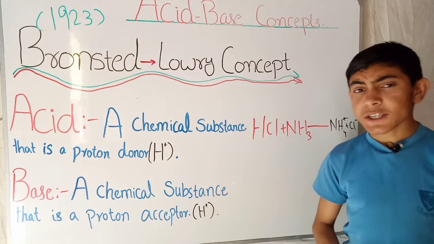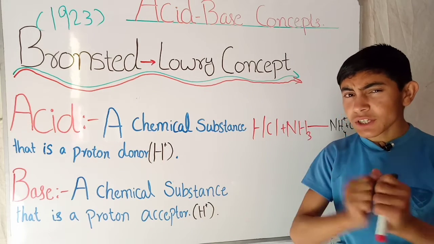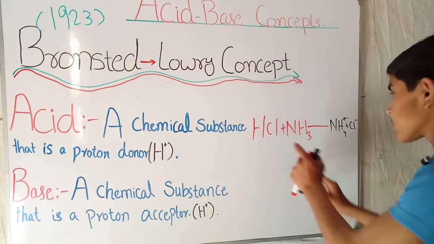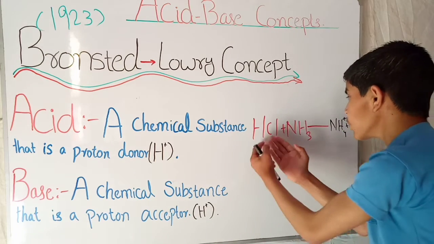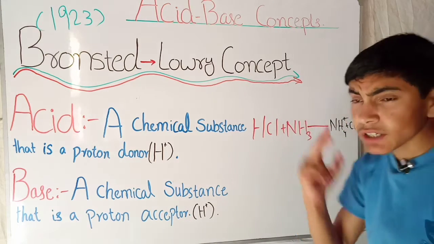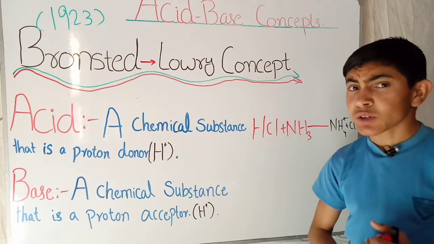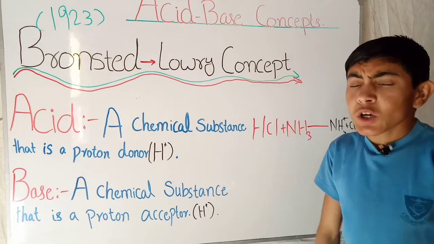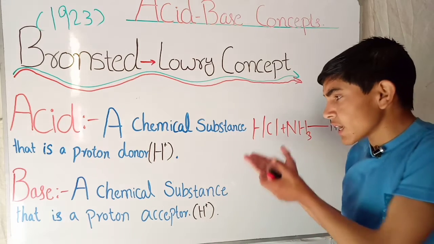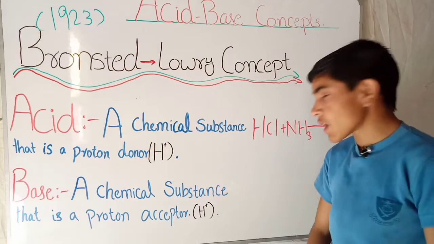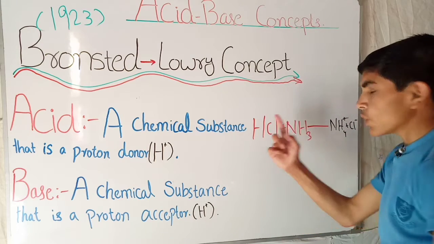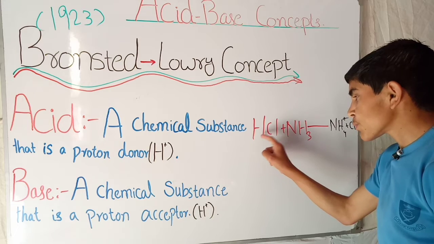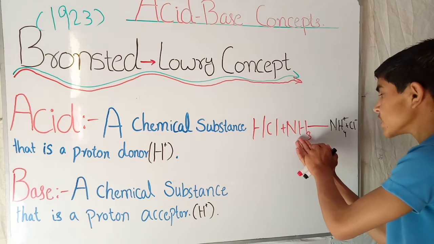So this concept can be explained like this: HCl is an acid that gives one proton. The proton means hydrogen ion, because hydrogen has only one proton and no neutron. So commonly we say hydrogen ion is a proton. Therefore HCl is an acid that gives one proton, the H plus, and gives it to NH3.